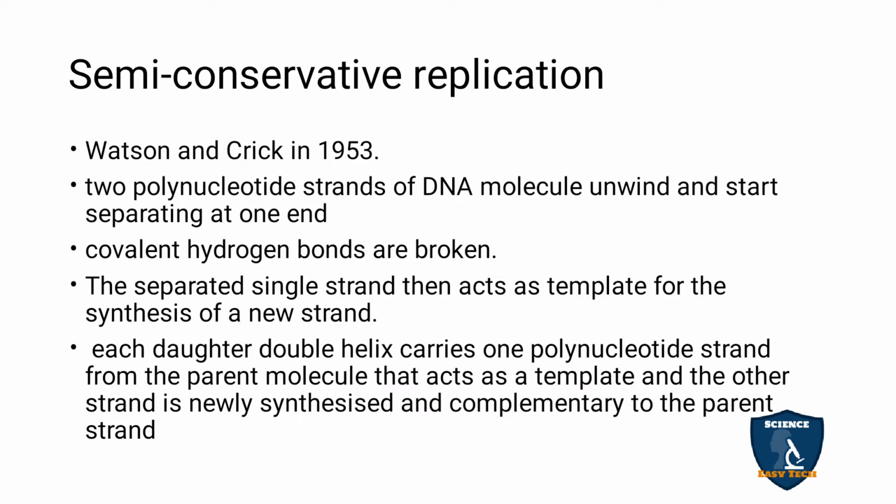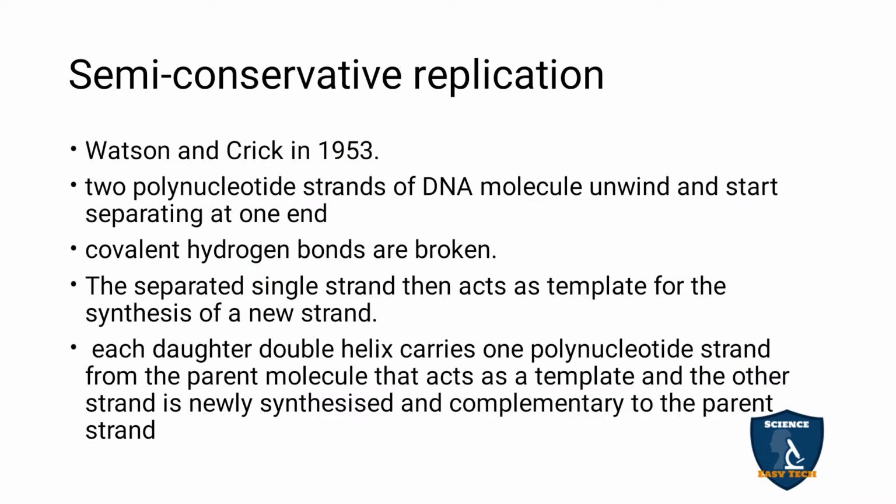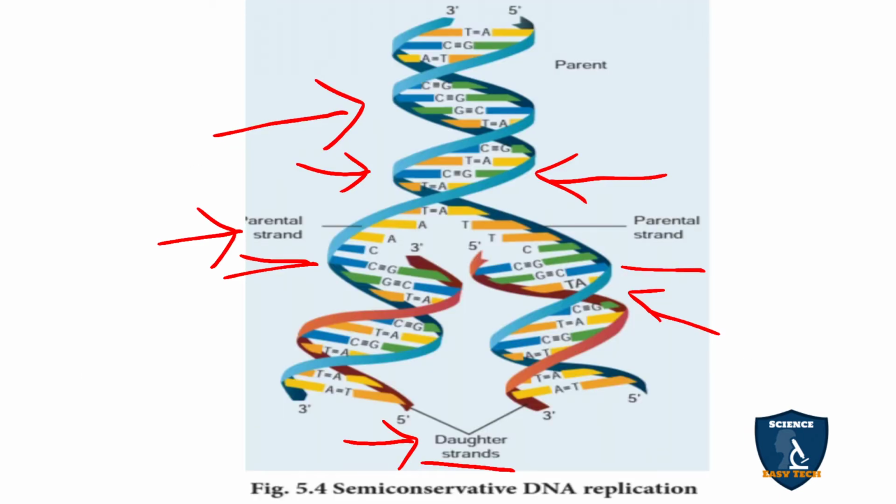Watson and Crick in 1953 proposed the double helix model and the semi-conservative method of replication. There are two polynucleotide strands, this one and this one, held by bonding which is broken by the helicase enzyme.